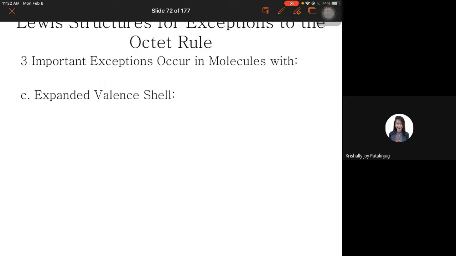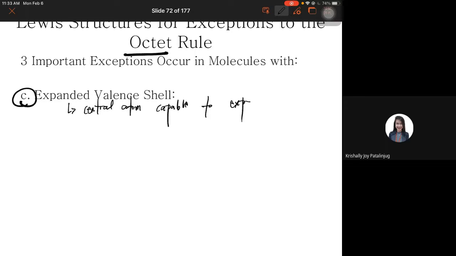So basically, most of the molecules that are exceptions to the octet have this property: the central atom is capable of expanding. Again, there are few central atoms capable of expanding, especially those central atoms found in period 3 or higher.